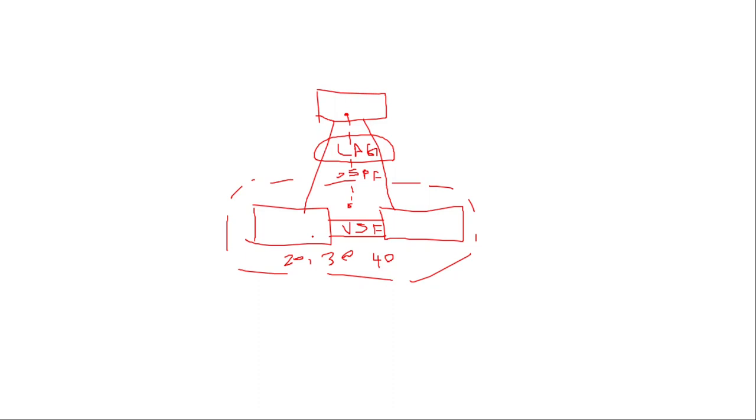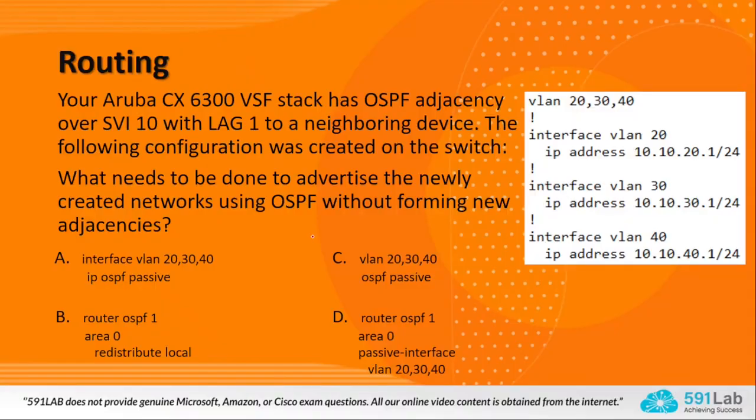So if you need to avoid OSPF packets going over certain interfaces, they have to be configured as passive interfaces for OSPF. Okay, so then we'll go through the answers.